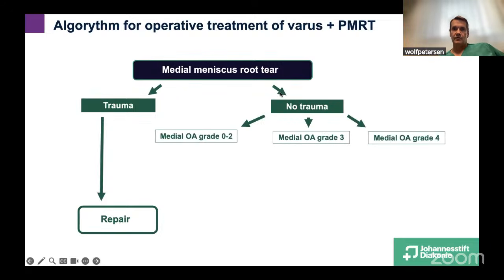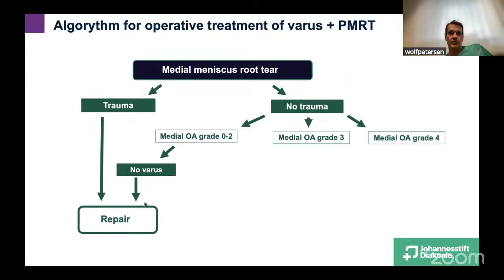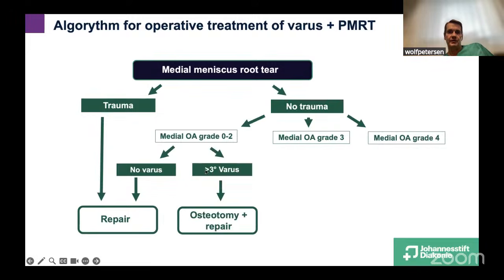In the non-traumatic, I look for the cartilage damage, or the degree of osteoarthritis. In cases of osteoarthritis 0 to 2, and if there's no varus deformity, I go for a repair. If there's a varus deformity of more than 3 degrees, I perform osteotomy in combination with repair.